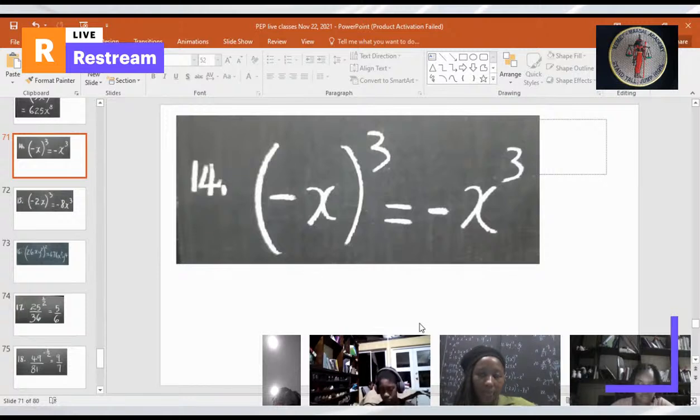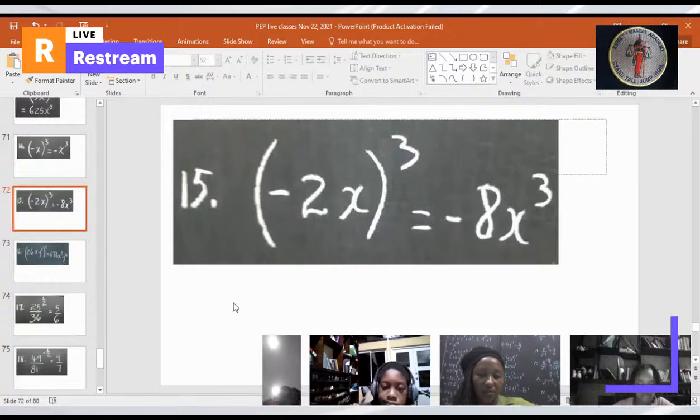It's negative x cubed. So negative x times negative x will give a positive x squared. And then when you multiply that by another negative x, you'd get negative x cubed. Yes, miss. All right.